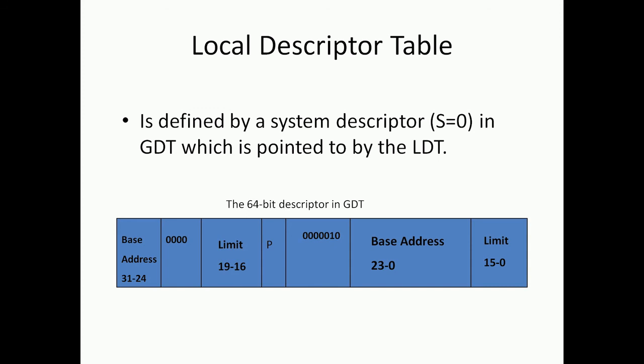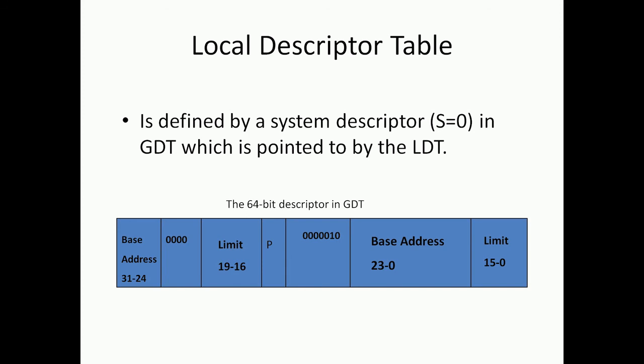So this is how a 64-bit descriptor for an LDT looks. What will this give you? It will give you a base address, which is where the LDT will start, plus a limit which is 20 bits.